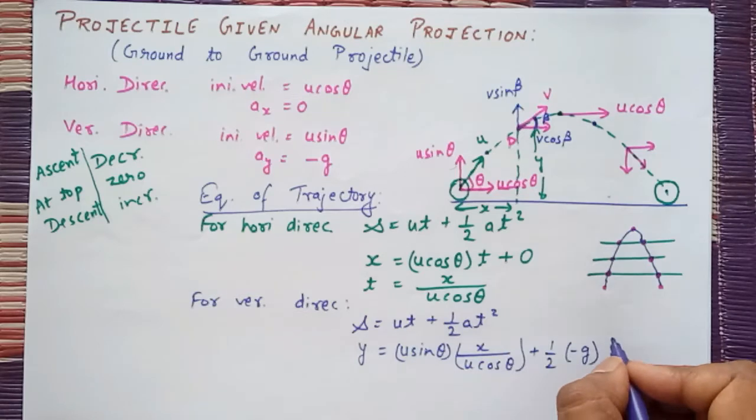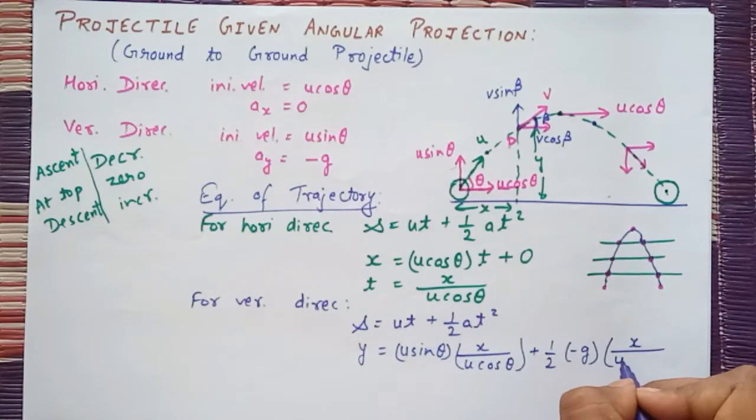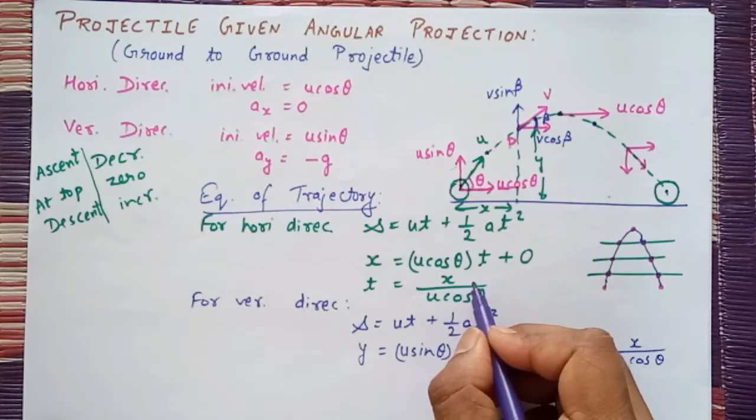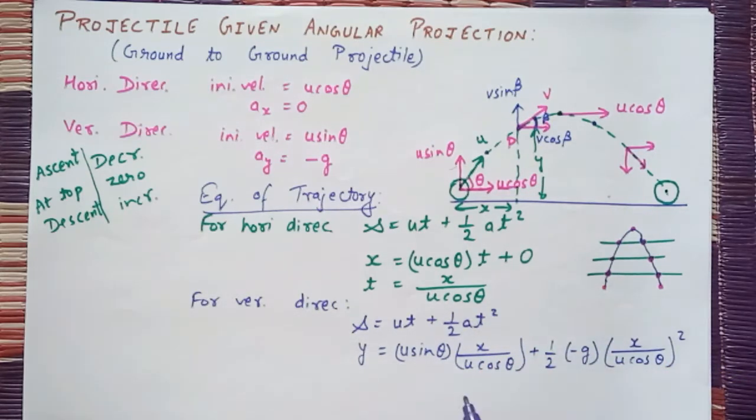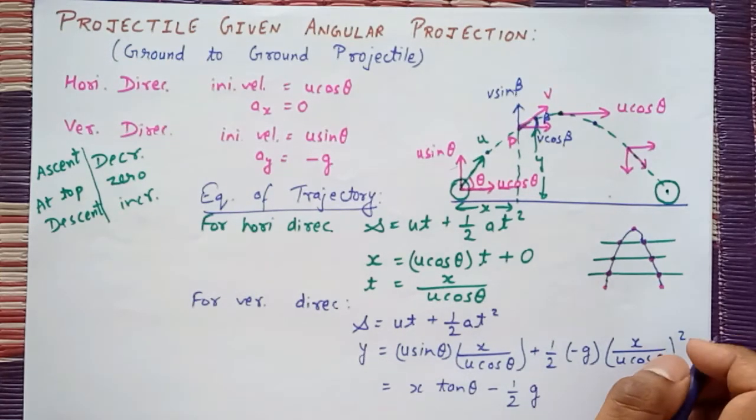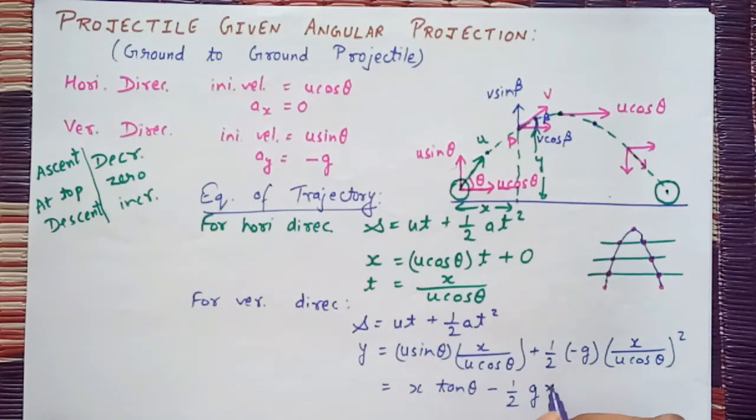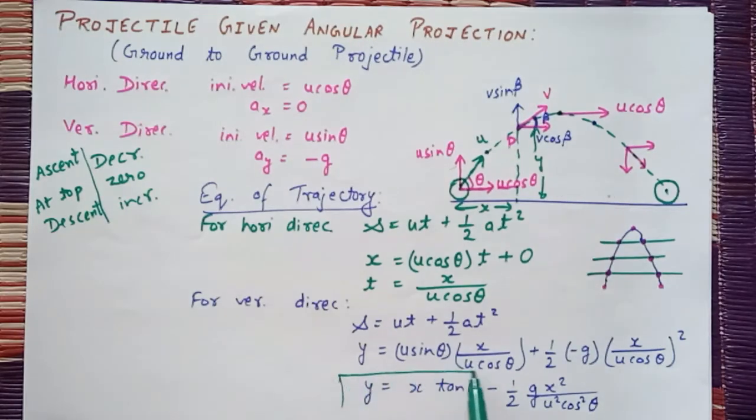It is x upon u cos theta, whole square, since it was t square. u will be cancelled out. Sin theta upon cos theta will be tan theta, so y will be x multiplied by tan theta minus 1 by 2 g x square upon u square cos square theta. This is the equation of trajectory.